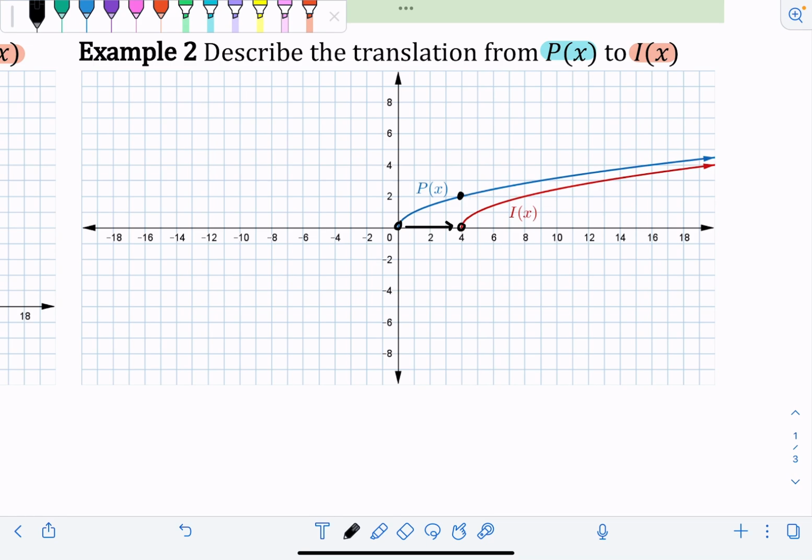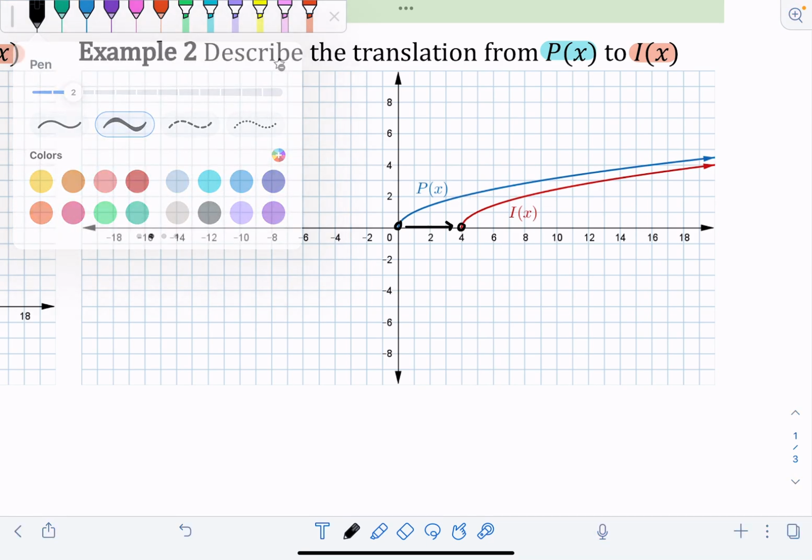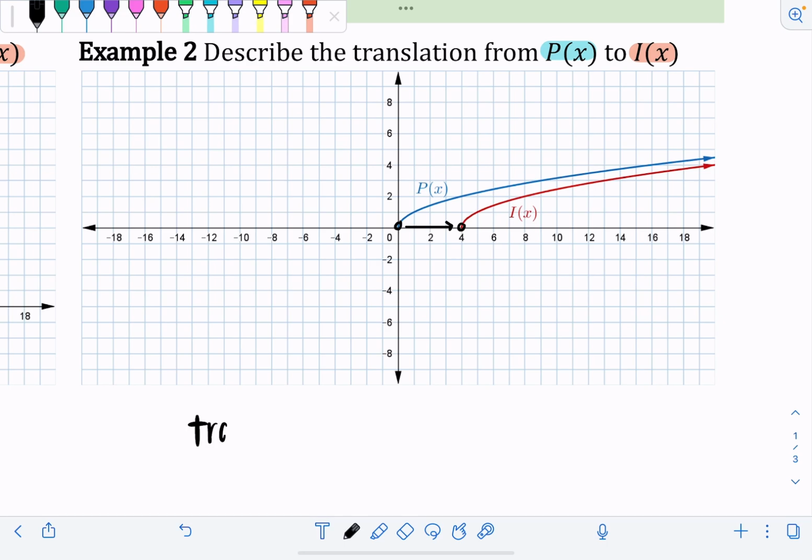So we would say translate right 4 units. Oh, not left, I don't know my left or right. Translate right 4 units, excuse me.